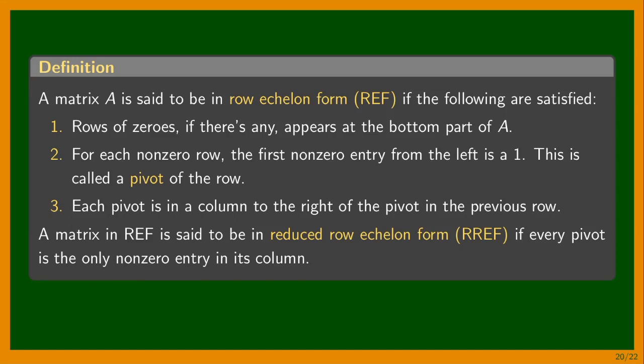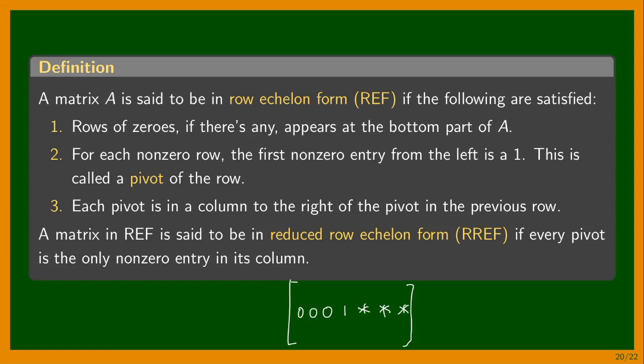Now each pivot must be in a column to the right of the pivot in the previous row. Oh my gosh, what do you mean by this? So, imagine that this is your matrix. Let's say this is a pivot, and that's something else. The star, it's something else.